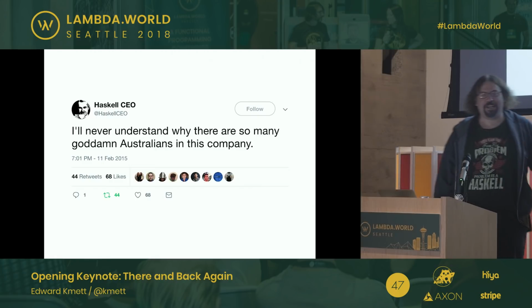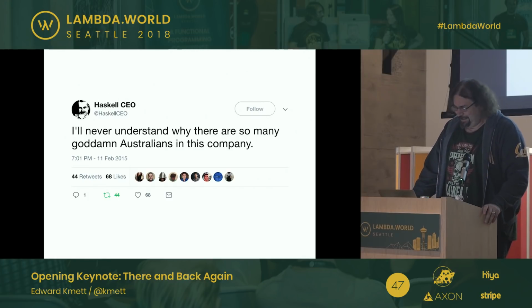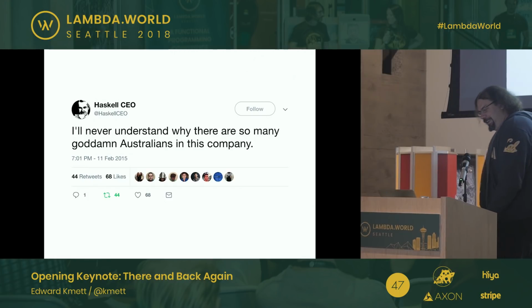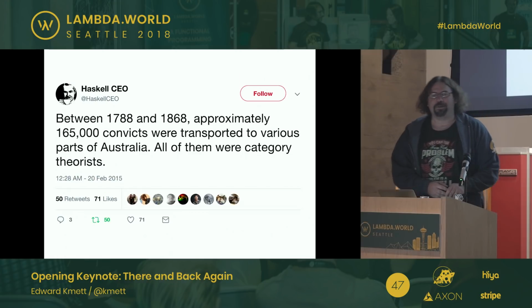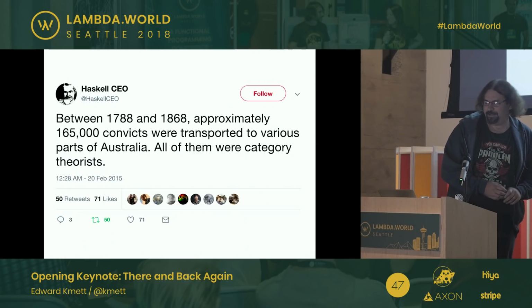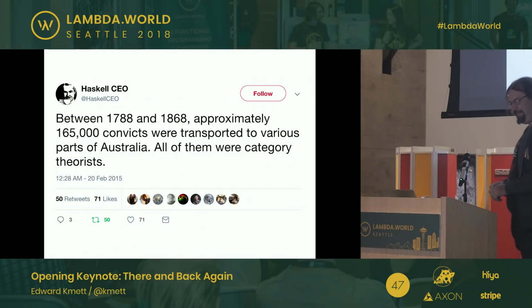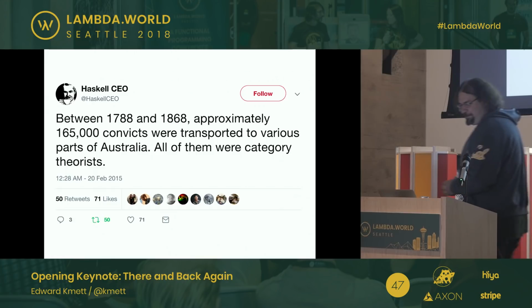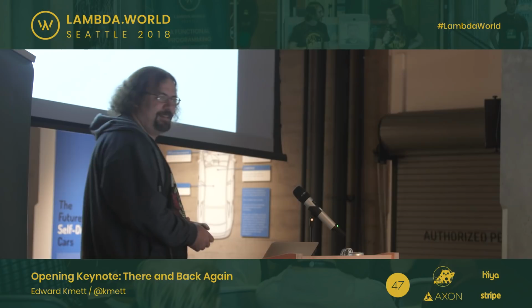And it seems like whenever I go around and run into functional programmers, there's always an Australian in the room. And I think the reason comes from another Haskell CEO quote. Between 1788 and 1868, approximately 165,000 convicts were transported to various parts of Australia. All of them were category theorists.